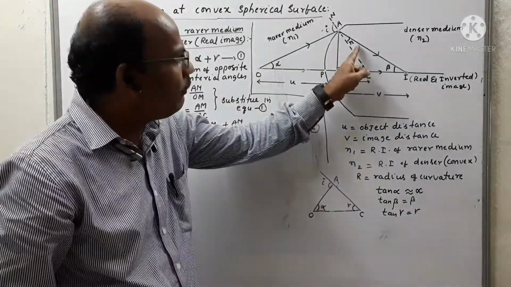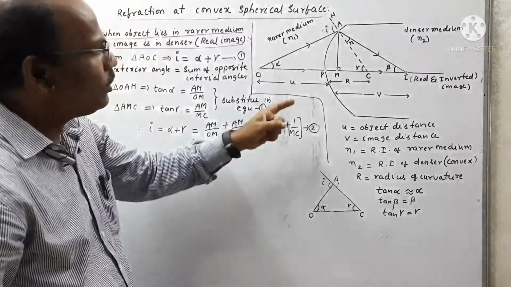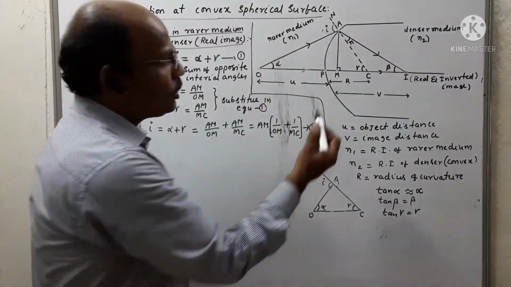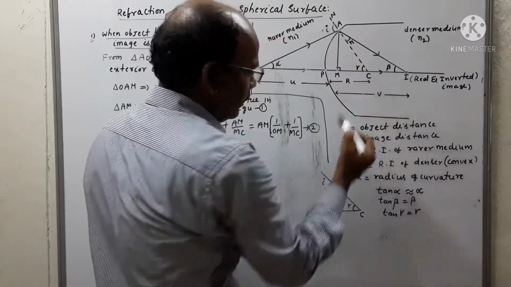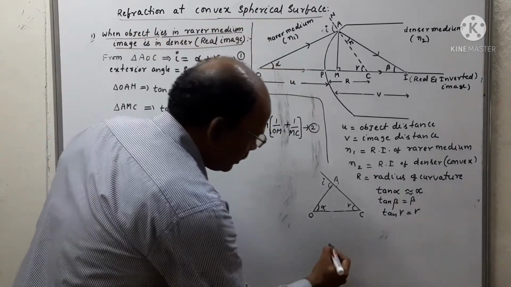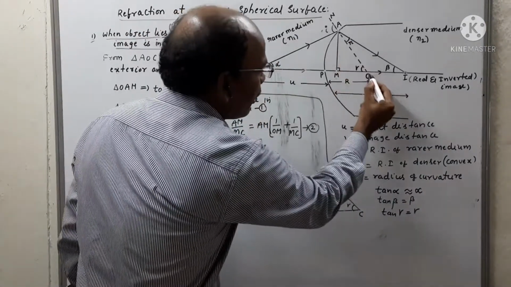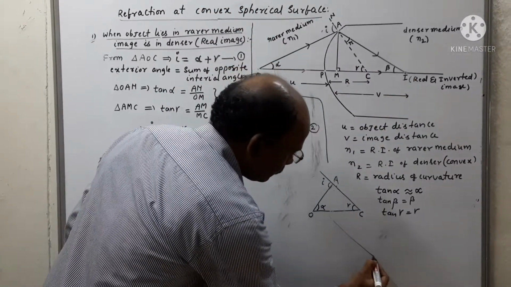Similarly, find the value of angle of refraction, R. Then we can use another triangle. So if you consider the triangle AIC, we can write the triangle.